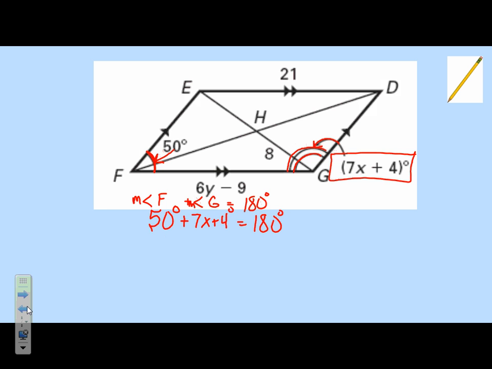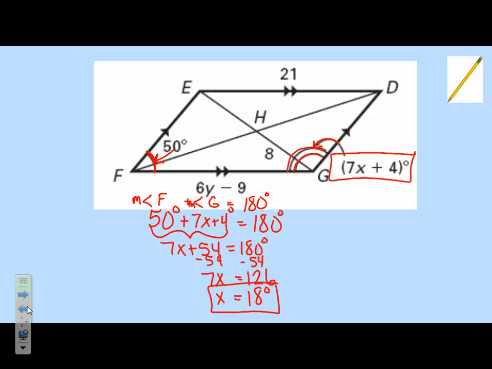So basically on this side, I have 7x plus 54 equals 180 degrees. And then I'll go ahead and subtract the 54. 7x equals 180 minus 54. That is 126. And then I'll divide by 7 to isolate my x, and x equals 18 degrees. So we've solved for x.